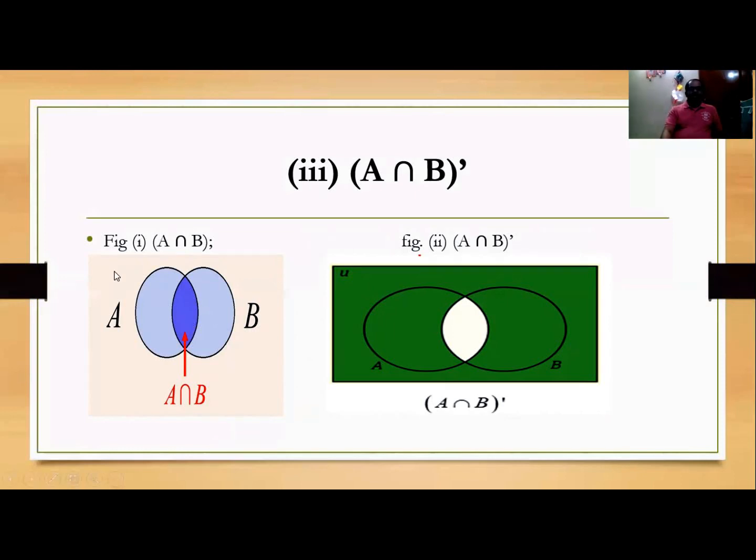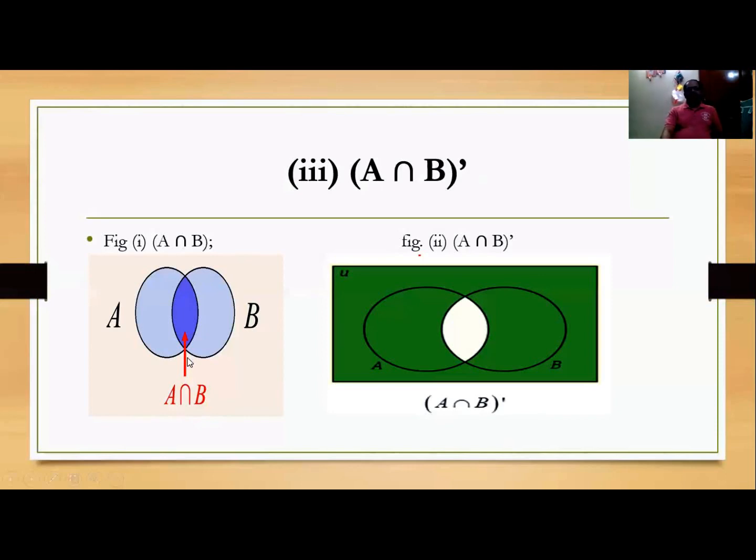So this is the Venn diagram for the first part, and the second Venn diagram is for the complement of A intersection B. Obviously the complement will be the set of elements which are present in U but not in A intersection B. Means only this region will be excluded from U. Right?